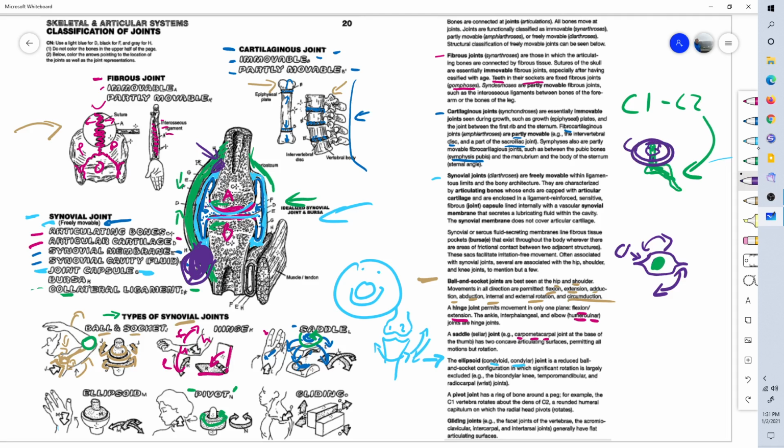Another place is the radio-ulnar joint. Let's say here's the ulna of the arm. It's got a little round protrusion right there. And then there's another bone called the radius. It goes like this.